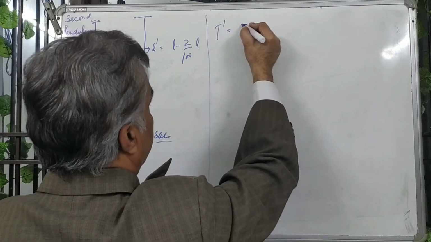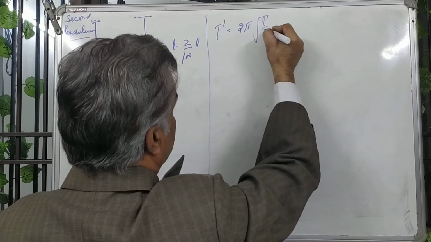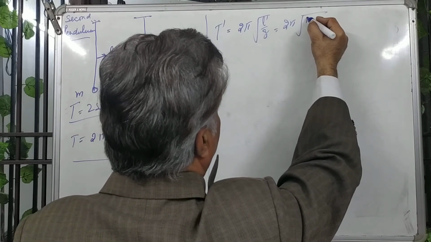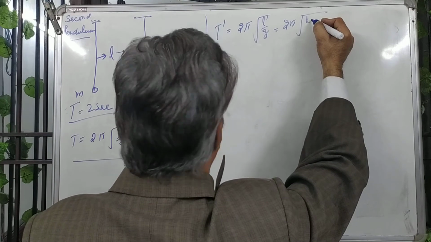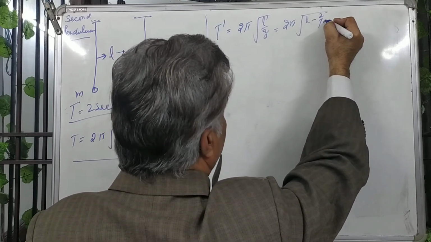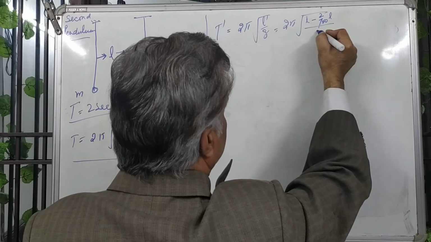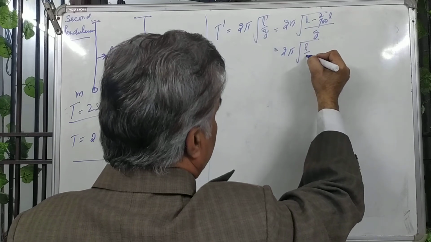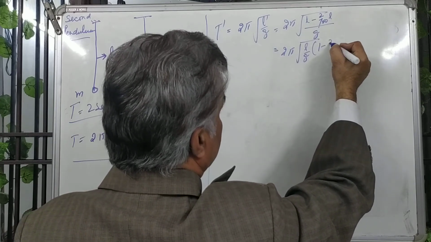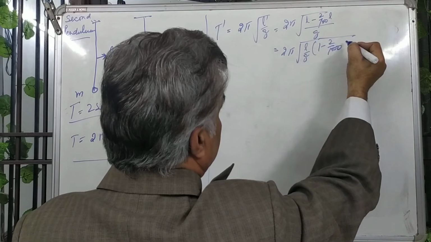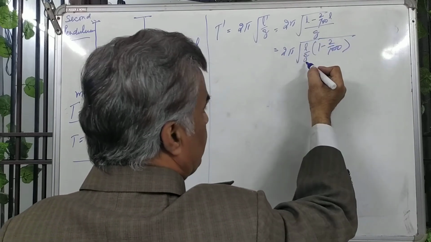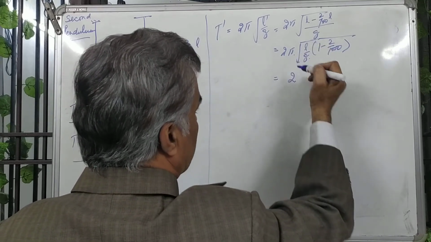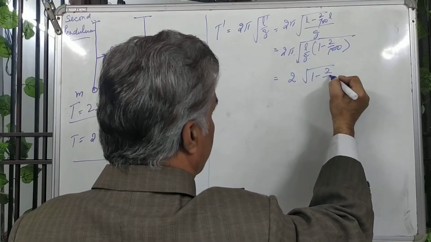T dash equals 2 pi root L dash upon g. This is 2 pi root of the new length, L minus 2% of L, upon g. So L you can take common, inside the bracket it is 1 minus 2 upon 100. So 2 pi root L upon g, this is the 2 seconds, and root of 1 minus 2 upon 100.